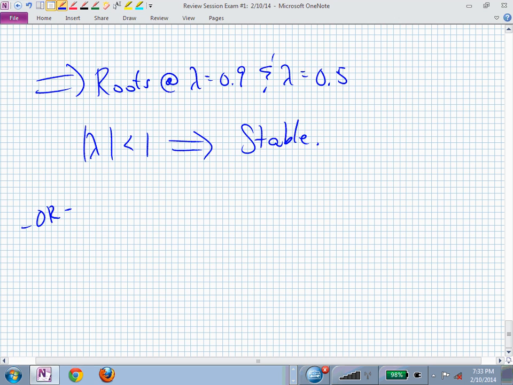Now, we could have checked stability the other way if we z-transform that difference equation.